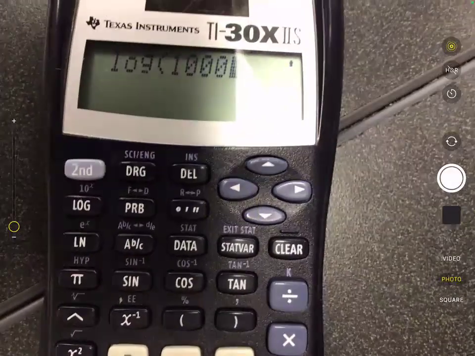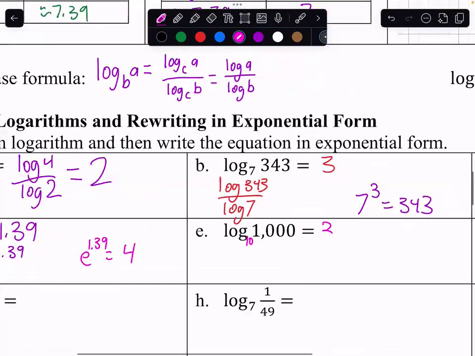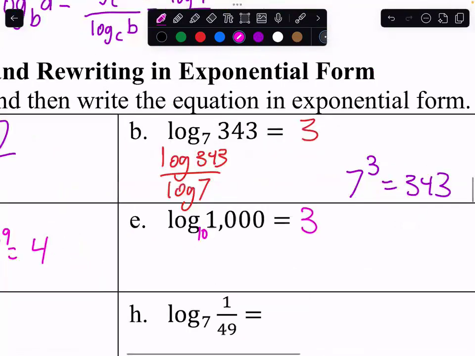So if you just do log of 1000, you see that it's 3. But then from there, you can again rewrite it using the exponential form. So the base is 10. It's trying to turn into 1000. And the exponent which lets it do that is 3.